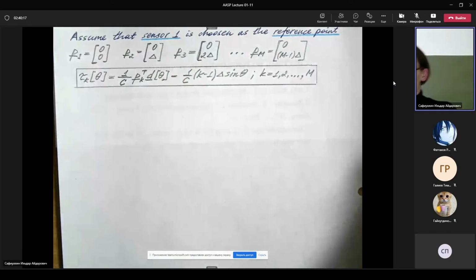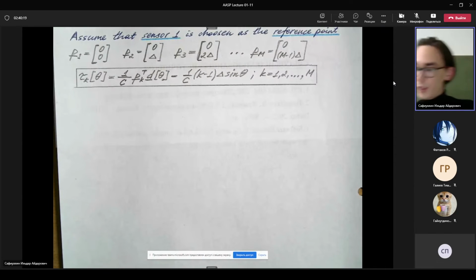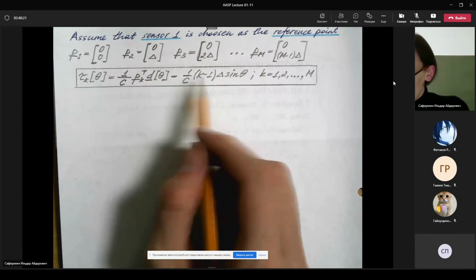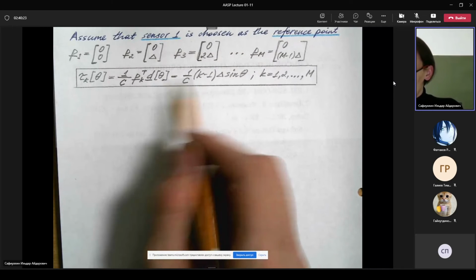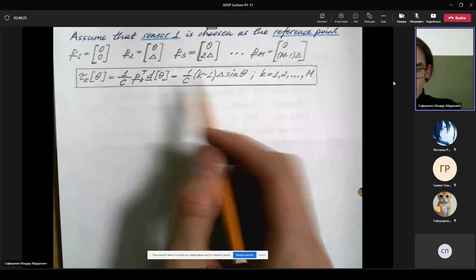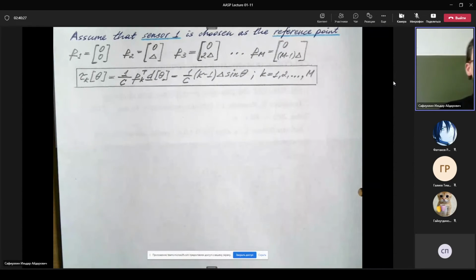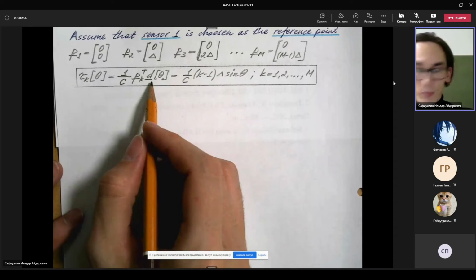And of course, you can ask me why we have this equality between the left part and the right part. Let me one more time show what we have inside of this vector d.